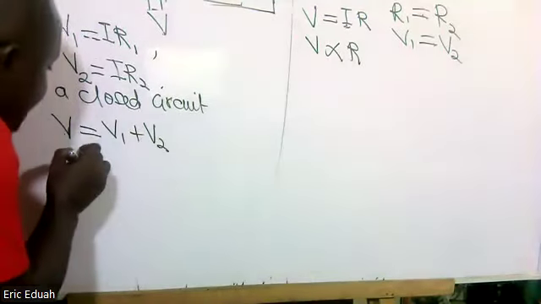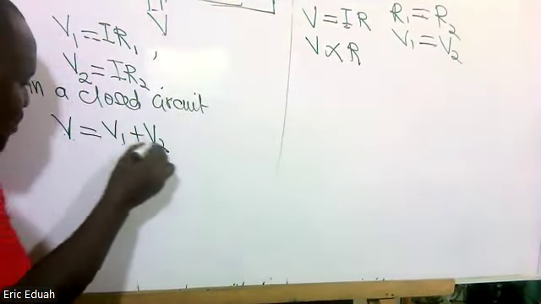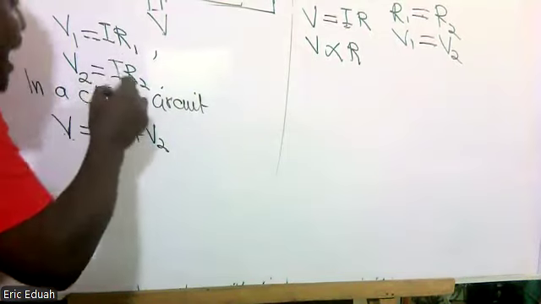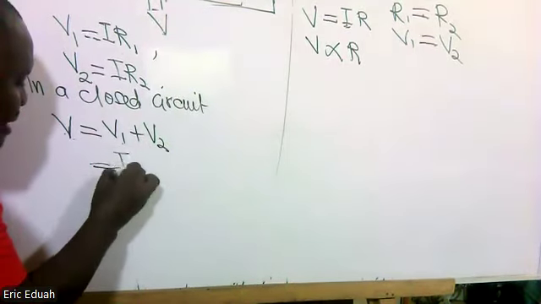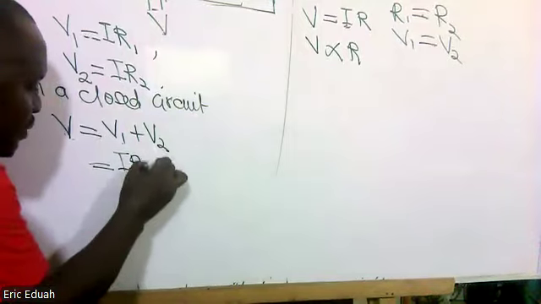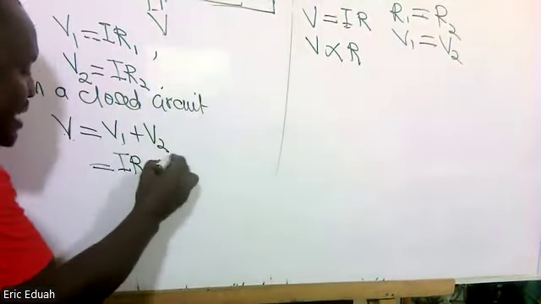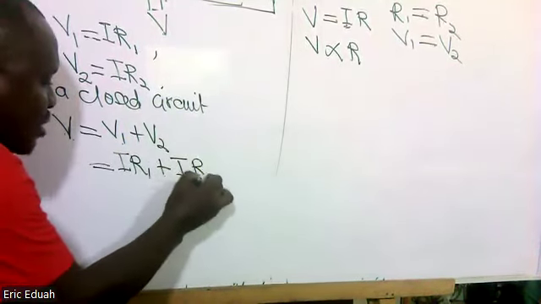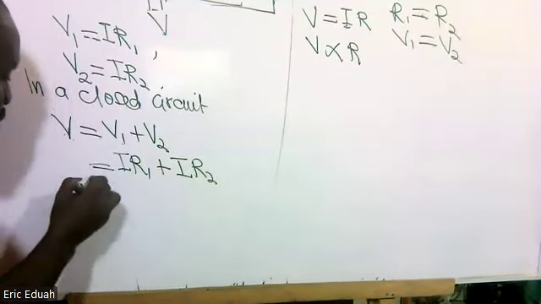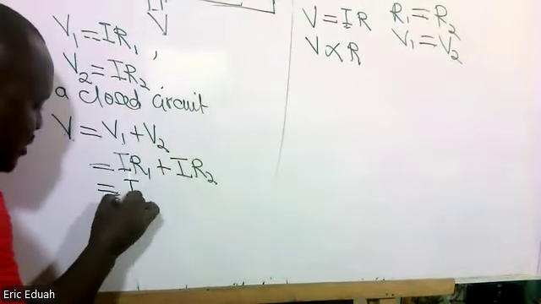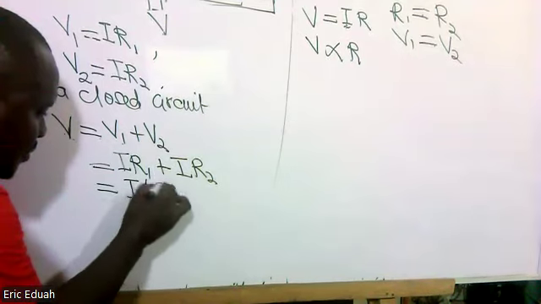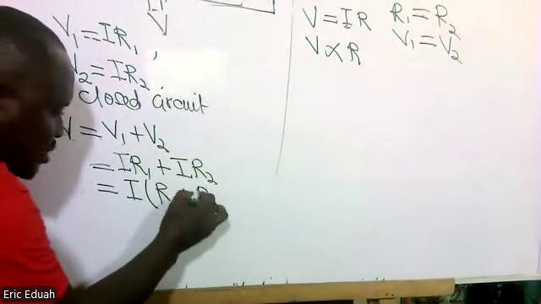So if V is equal to V1 plus V2, then we had V1 as I times R1 plus we also have V2 as I times R2. Therefore, let's factorize out I: I times (R1 plus R2).